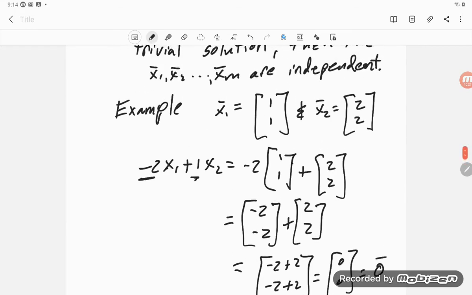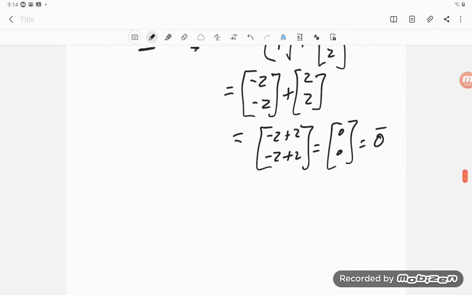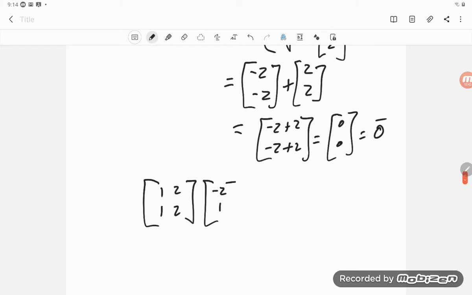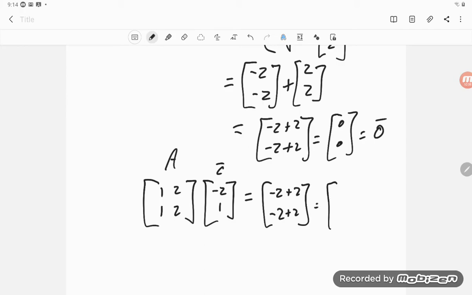Similarly, I could have looked at this as the matrix with rows 1, 1 and 2, 2 times -2, 1. So there's my matrix A, there's my vector C, and when I do this, I get -2 plus 2 and -2 plus 2, which is 0, 0, the 0 vector.